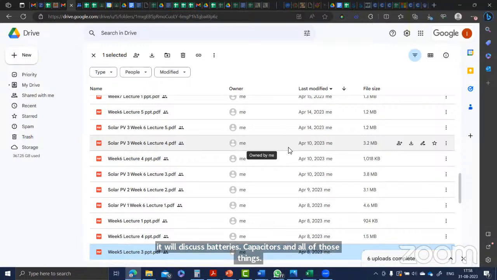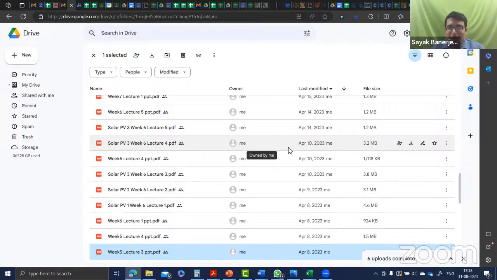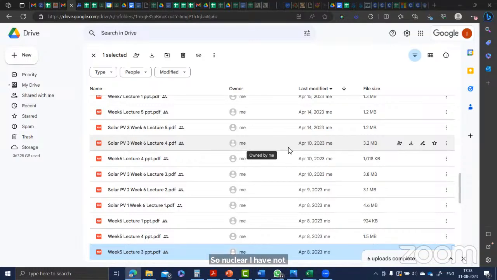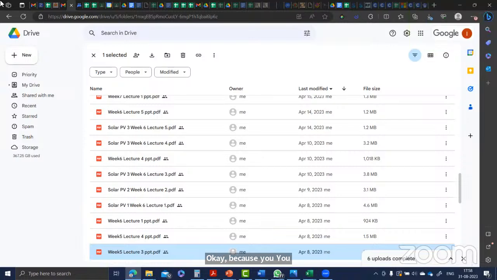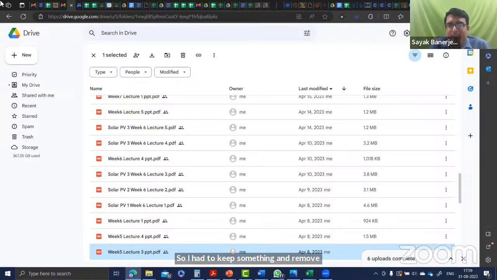And what about nuclear? The way you present, I like it, so I wish to have deep knowledge on nuclear also. Nuclear I have not covered because there isn't enough time. After the energy storage, I went to renewable hydrogen, which is also becoming very important. I also covered carbon capture and storage.